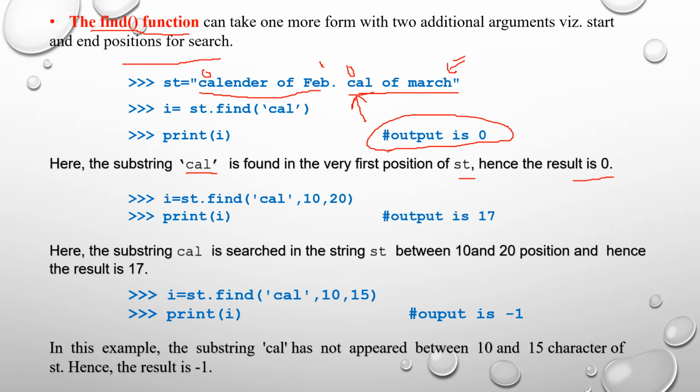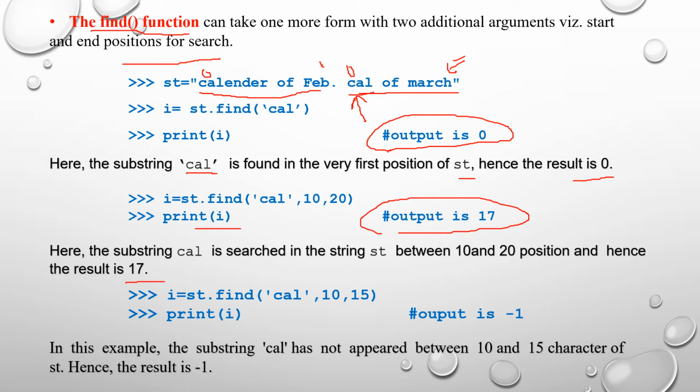Let's consider one more example. i is equal to st.find of cal, comma 10, comma 20. If you print i, the output is 17. So here the substring cal is searched in the string between positions 10 and 20, and hence the result is 17.